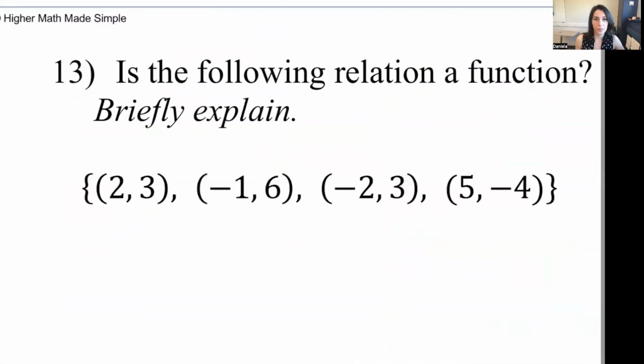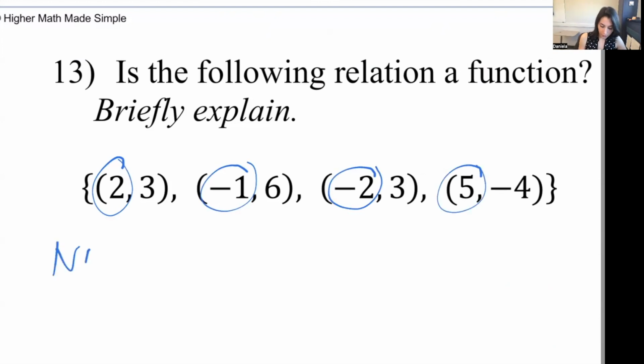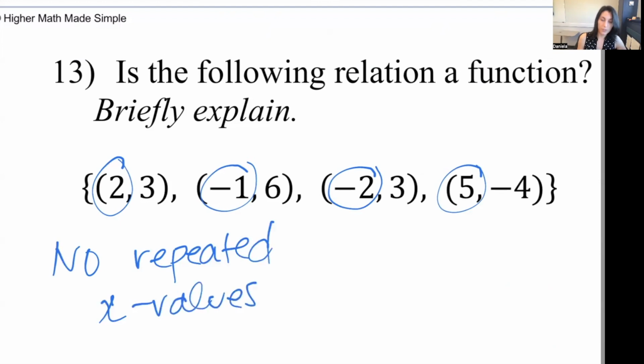All right, number 13. Is this a function or not? In simple terms, it's a function only if there are no repeated x values. All the x values are 2, -1, -2, and 5. Since there are no repeated x values, it's a function, and your teacher should be giving you credit for that answer.